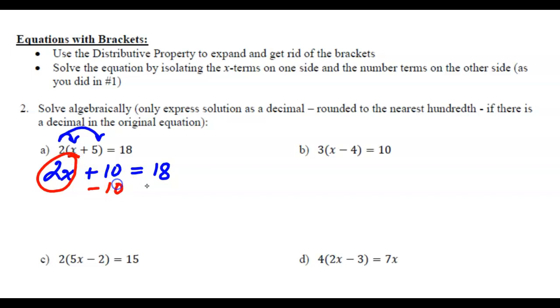So we subtract 10 from both sides to get rid of that 10. And then we divide by 2. Okay. You should be copying out these exact same steps that I'm doing so that you have something to refer to when you're doing them on your own.